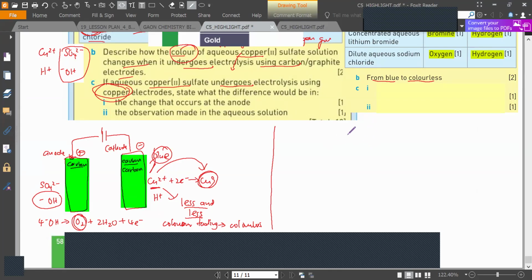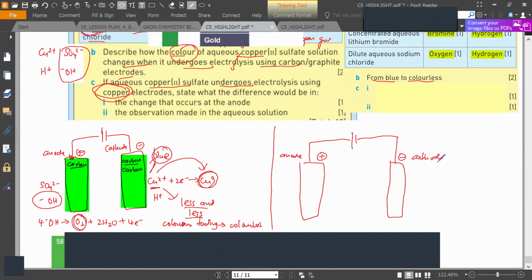That's the only thing that we change. Then what happens if we have a copper electrode? This one is the anode, and this one is the cathode.